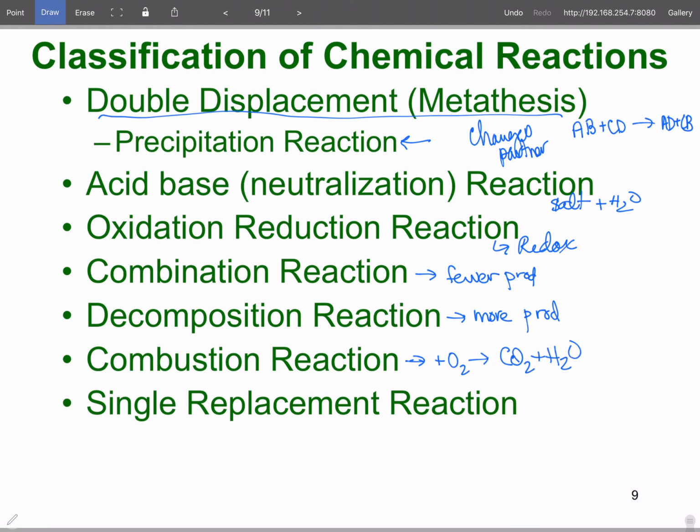And then a single replacement is like a double displacement, but you have only one species changing. So if you had A plus CD, then you'd end up with C plus AD. So you change partners with only one species. And again, I'm going to show you examples of each one of these. But you will be asked to classify equations this way. Okay?